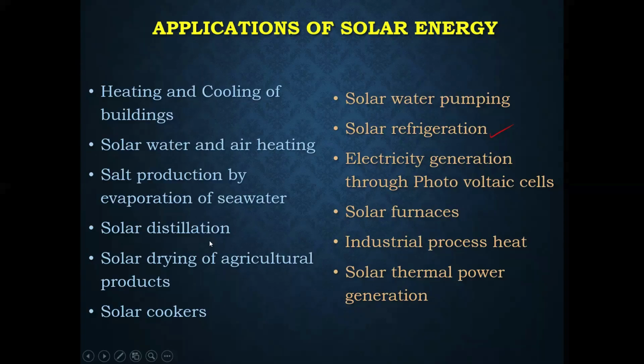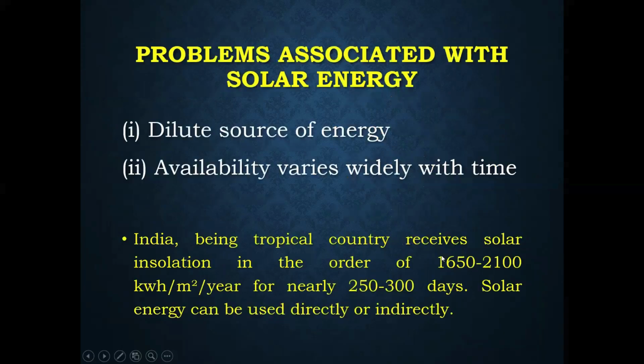Distillation means a purification step, purification of water. Then solar drying, solar cookers, water pumping, refrigeration, electricity generation by using PV panels or photovoltaic cells, solar furnaces, industrial heating processes, and solar thermal power generation systems.